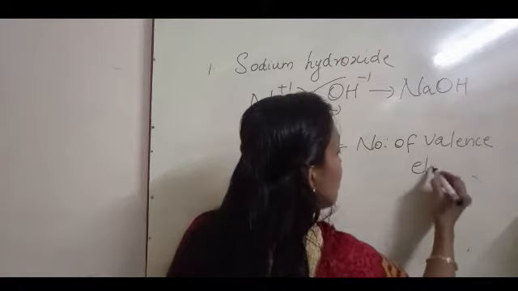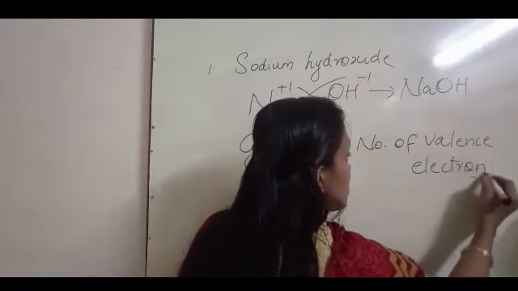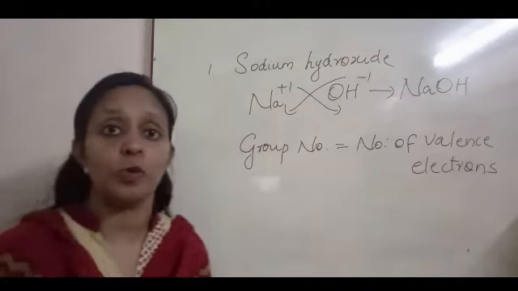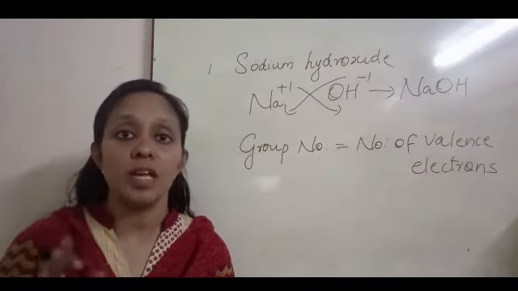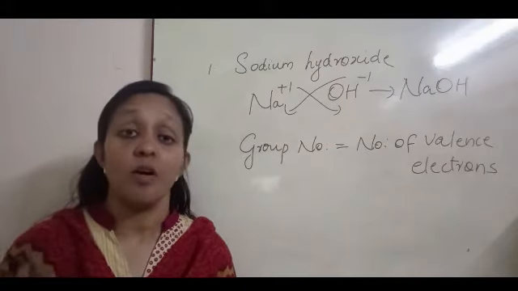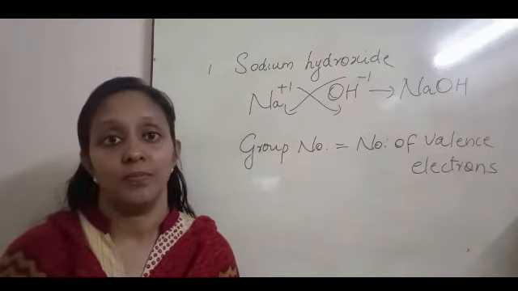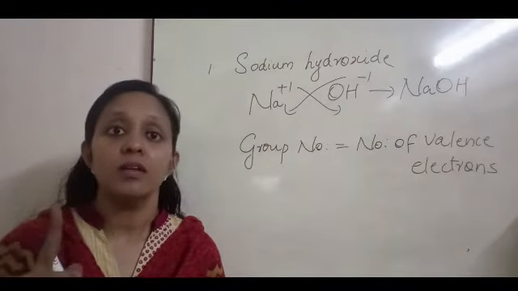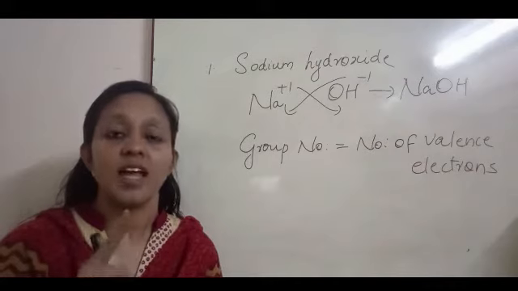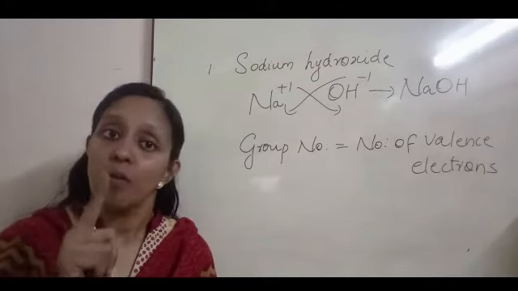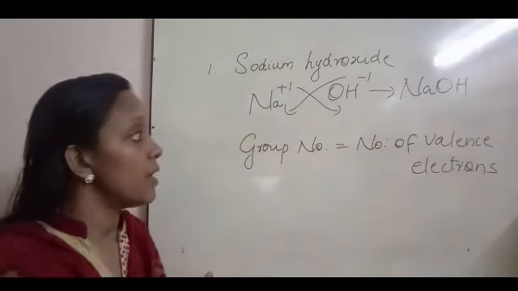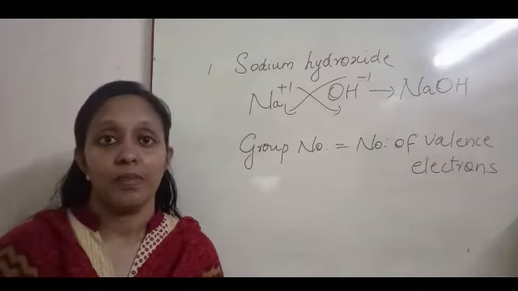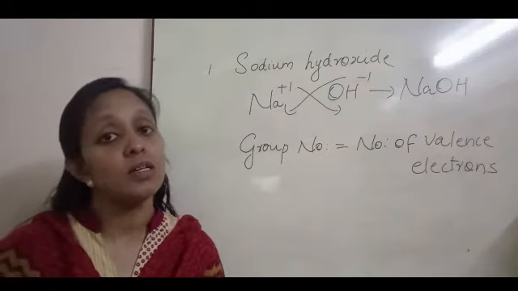I have told you that if you want to identify the group to which a particular element belongs, it will be equal to its number of valence electrons. How many electrons are present in the outermost shell? If it is 1, the group number to which that element belongs is 1. Now if an element has 6 electrons in the outermost shell, it belongs to group number 6.